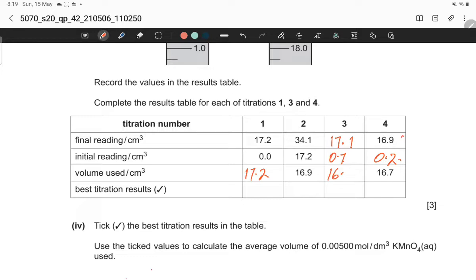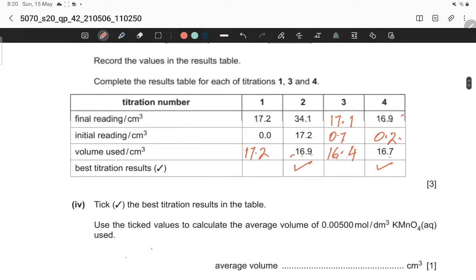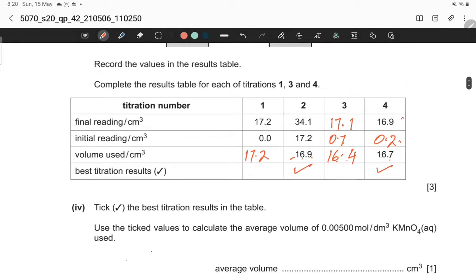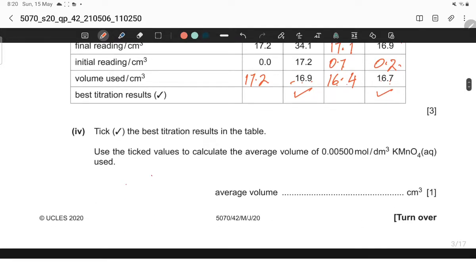This is 16.4, sorry. The readings 16.7 and 16.9 are the two closest readings, so these are the best titration. If you fill this table accurately, you get 3 marks. So please be careful while filling this table.